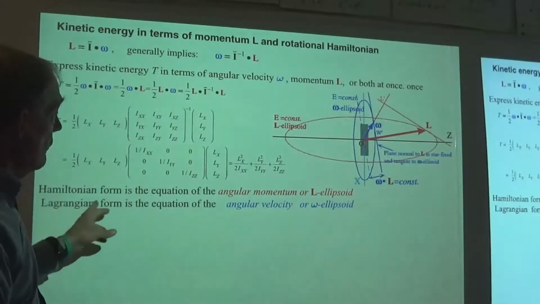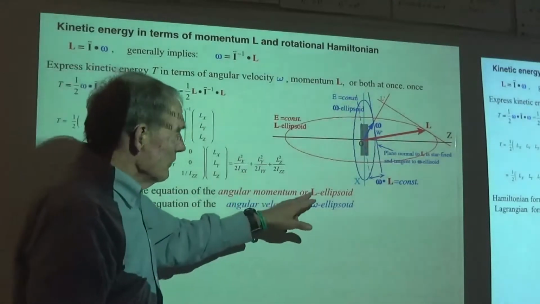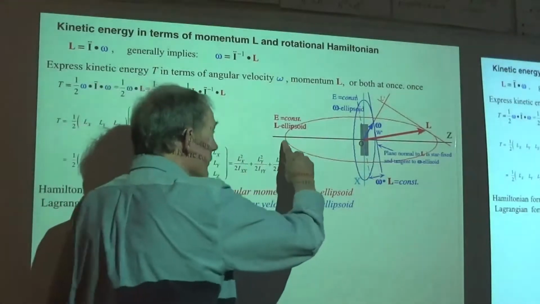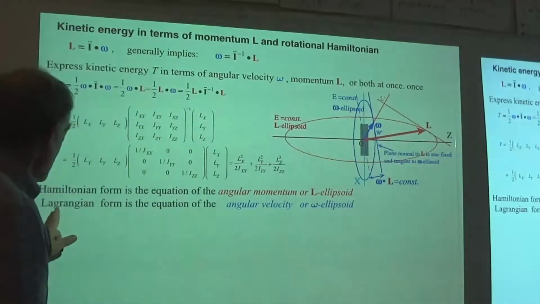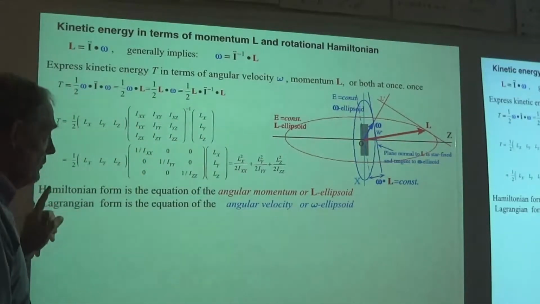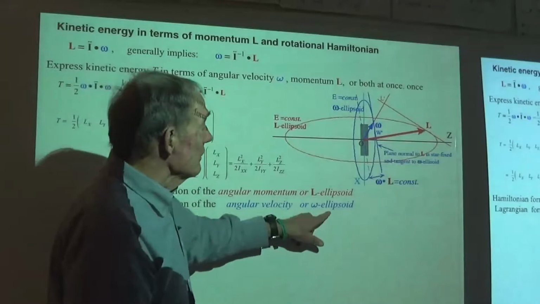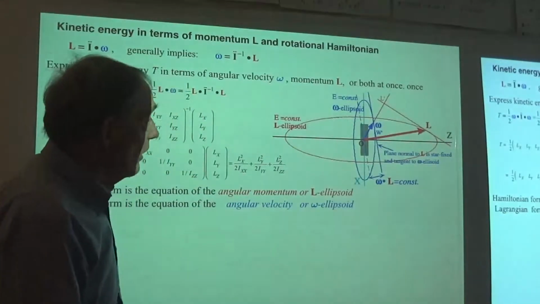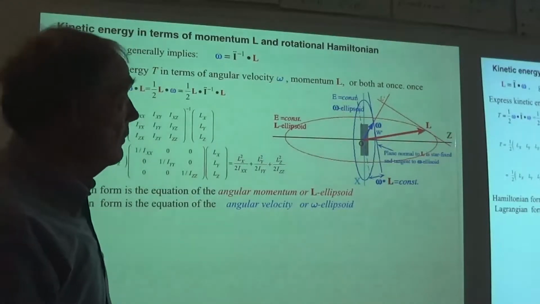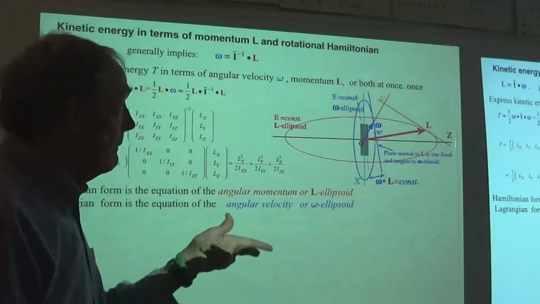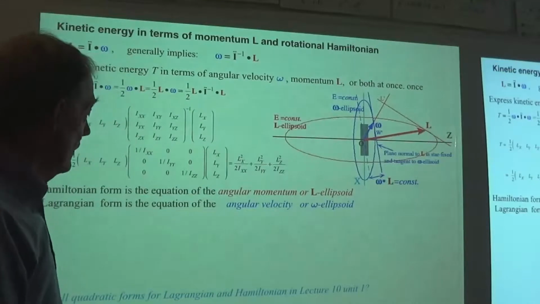The Hamiltonian form of the equation involves the L ellipsoid. That's this one right here. And it is quite equivalent to the Lagrangian form. So here's Irish versus French again, but now it's talking about how we're going to describe a rigid body and its rotational motion, which could be pretty wobbly, and that's what I want to demonstrate with it.